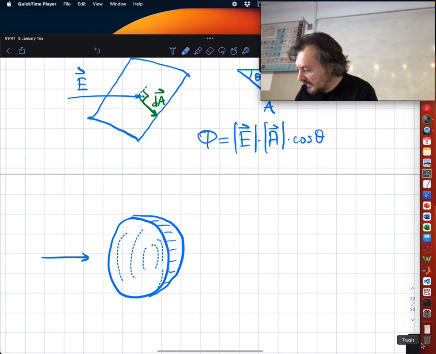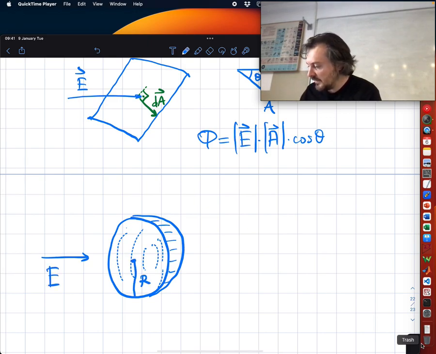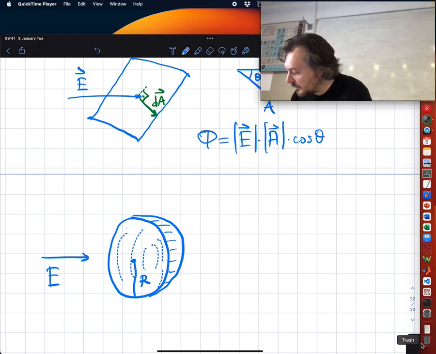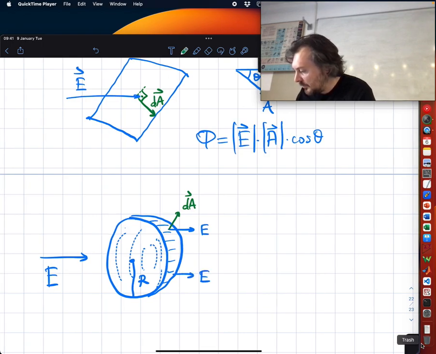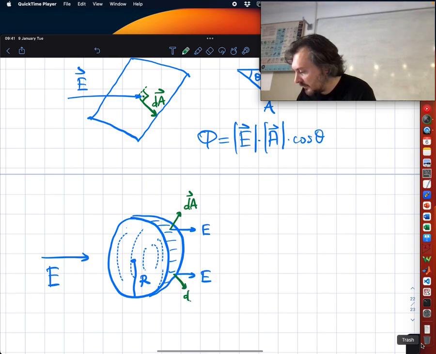So let's say this is R, this is E. What is the total flux on this surface? As you can see, some of the electric field will come like this, but dA will point like this. In some parts, the electric field will again be like that, but dA will point like this.